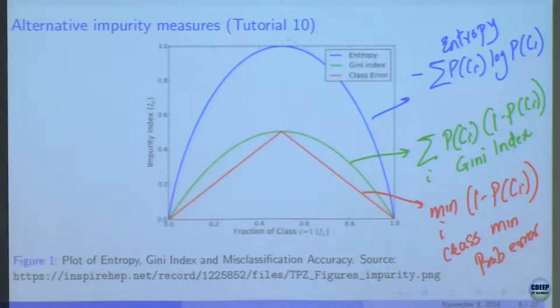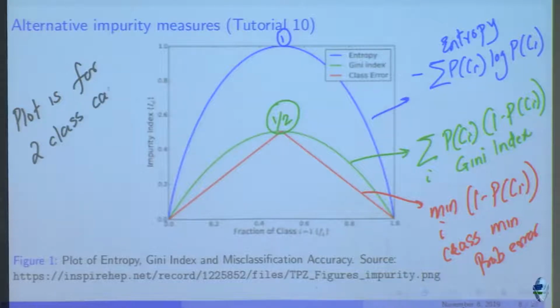Entropy takes a max value of 1, whereas the other two take a max value of 0.5. We have considered this for 2 classes, so these plots are all for 2 classes. In the 2 class case, min of 1 minus P of Ci will at most be 0.5.